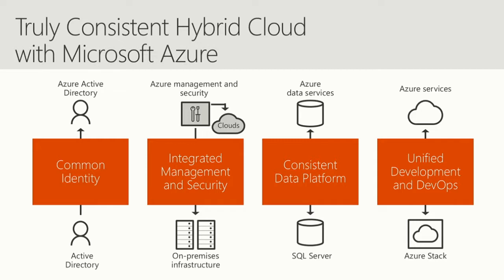And the power of this is, as you have a common development model, as you have a way to use the same templates and same scripts, the endpoint, the cloud where you're going to end up deploying your application, becomes a configuration setting.